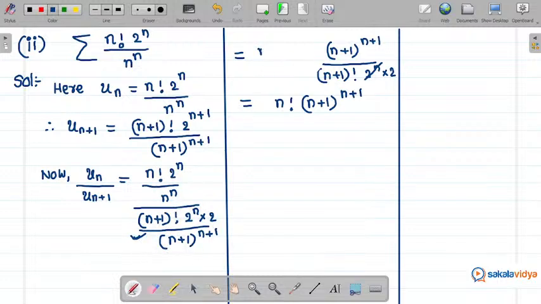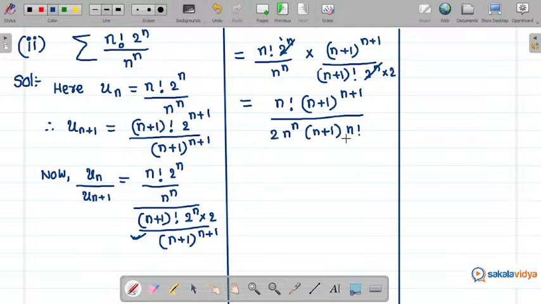This is n factorial into 2 to the power of n by n to the power of n into this one. So 2 to the power of n, 2 to the power of n got cancelled. So we have n factorial into n plus 1 whole to the power of n plus 1 divided by n to the power of n into n plus 1 factorial. n plus 1 factorial, by the shifting property, we can write n plus 1 into n factorial, into 2.